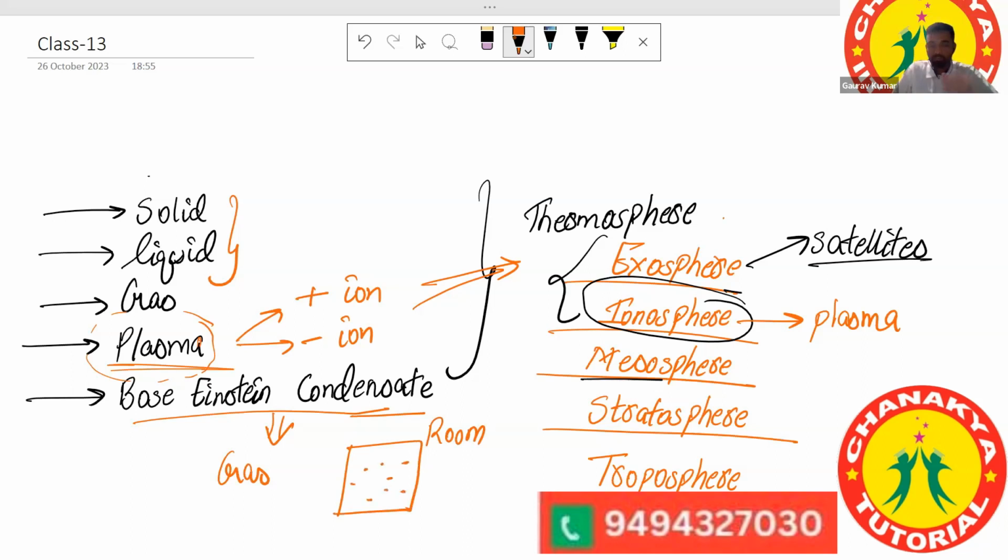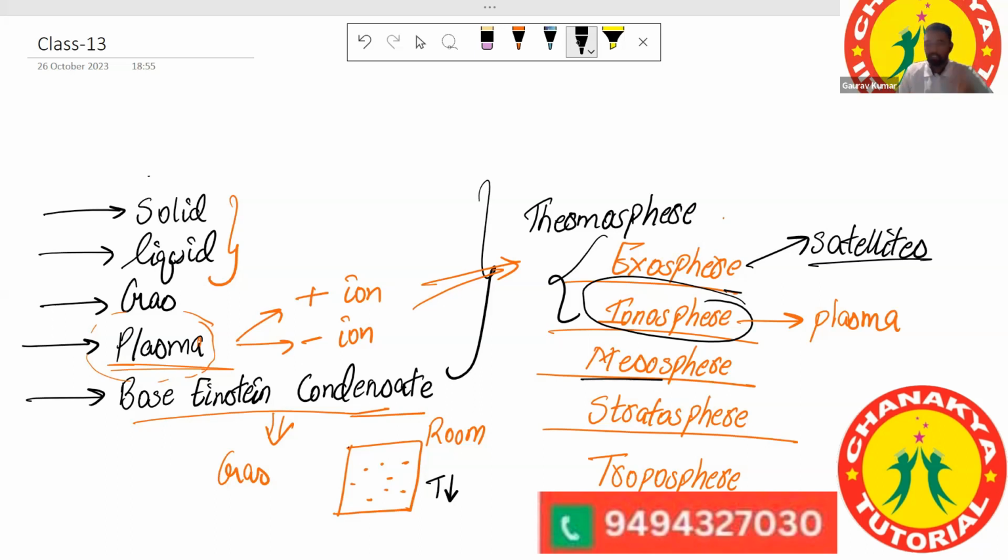So I will decrease the temperature of this room to that extent that this gas will behave like an individual atom, and the properties will vary from the usual gas.